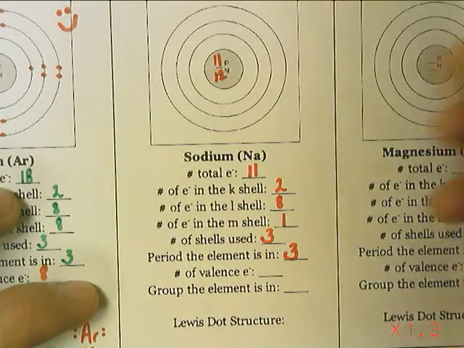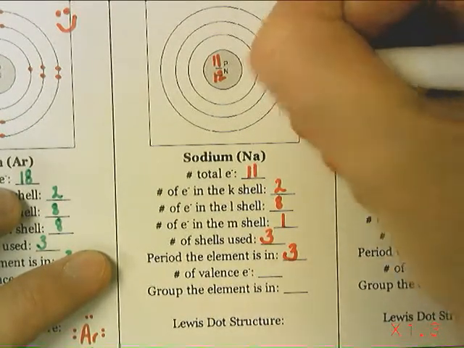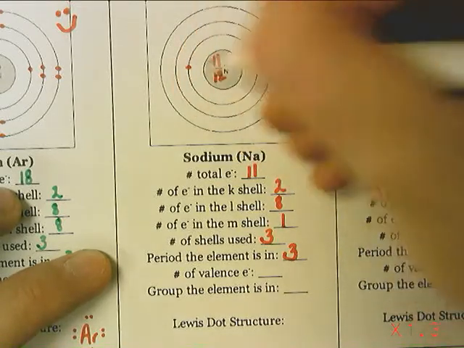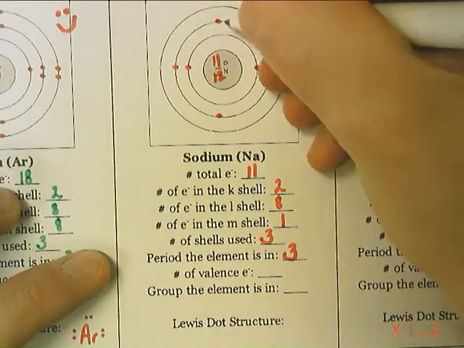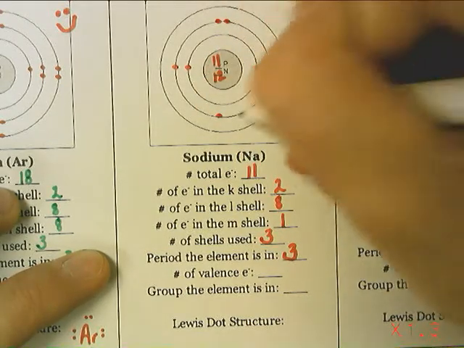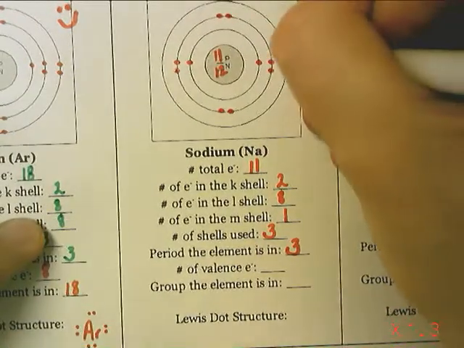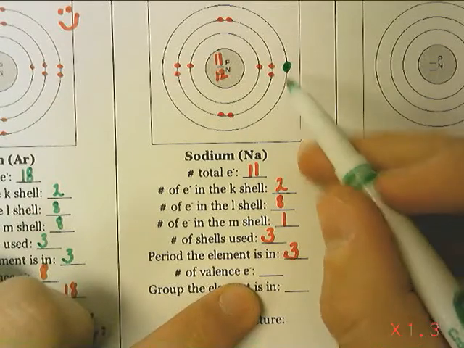So here are the valence electrons. Here's the Bohr model with all the electrons. We have 11 to put in. 1, 2, 3, 4, 5, 6, 7, 8, 9, 10, 11. 11 is the total number of electrons.